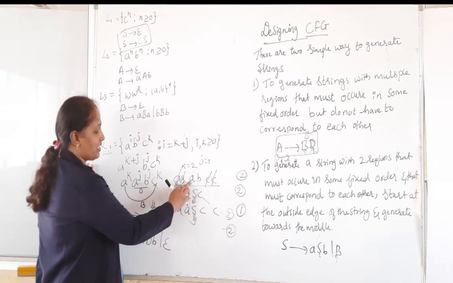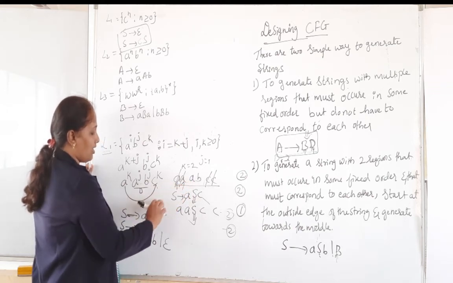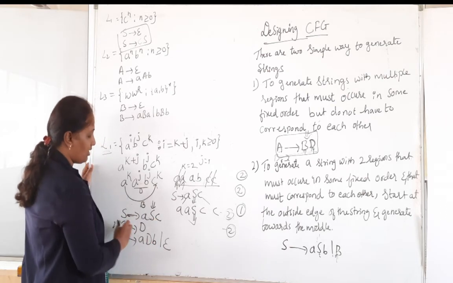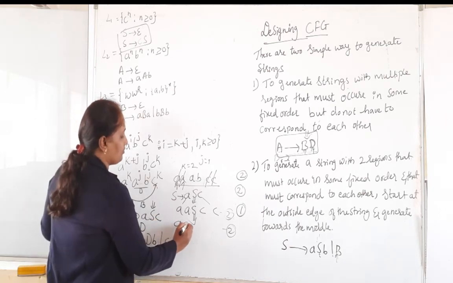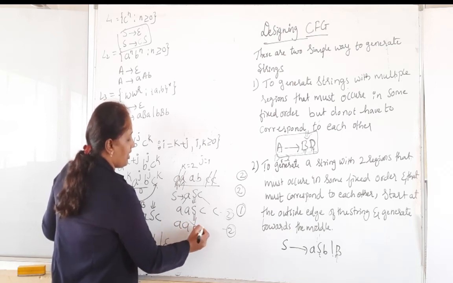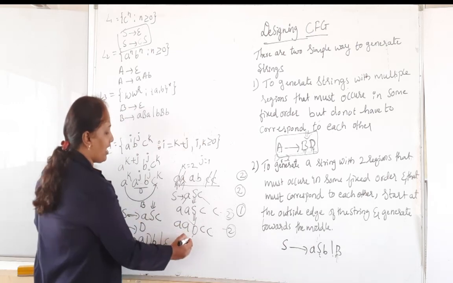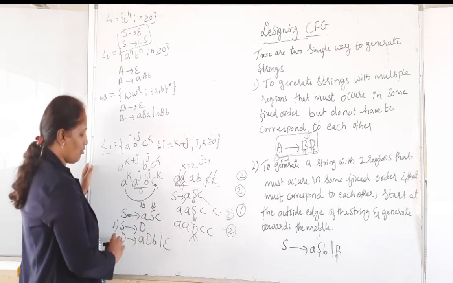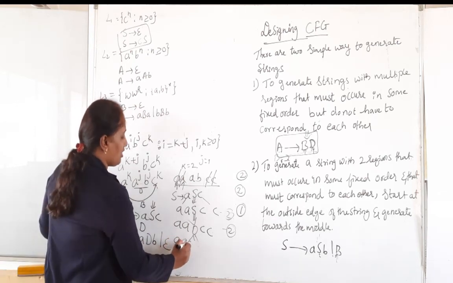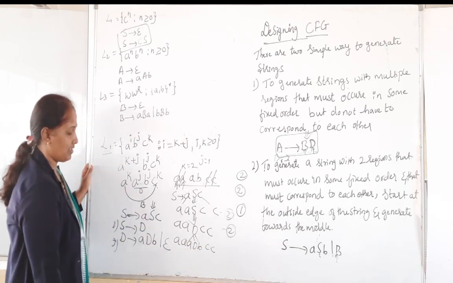Next, I am going to define this S by what? Can S be defined as A S C? No, it is not required, because the next input symbol is A and then B. So here A and B I want to accept. So S can be defined by a second rule, that is S produces D, and I write the remaining thing as it is, A A D C C. Next, this D can be defined by rule number 3, that is A D B, and this C I will write as it is.